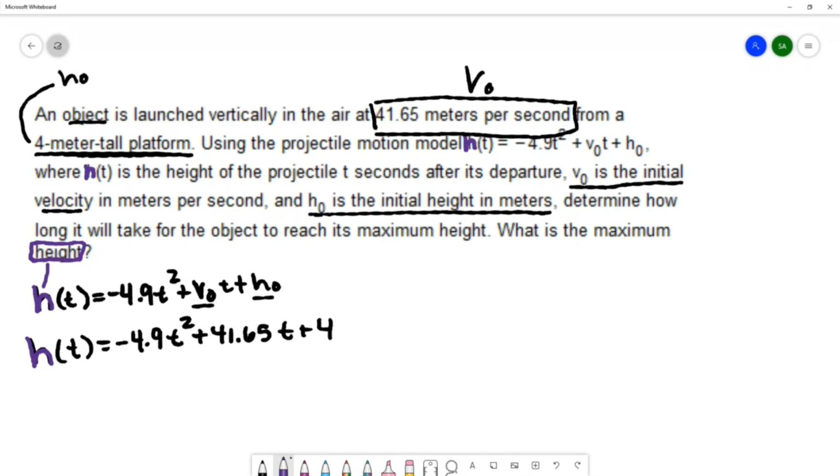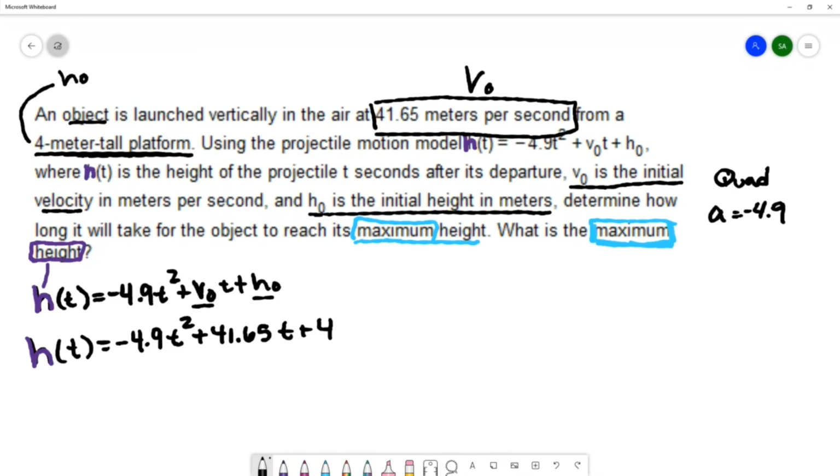Now, when we read the question more closely, it says determine how long it will take to reach the maximum height and what is that maximum height. So this word right here, maximum, within the problem, gives us a clue as to how to answer the question. In this section, we're dealing with quadratic functions. And the graph of a quadratic function is going to be a parabola. Now in this particular example, the leading coefficient, a, is negative 4.9.